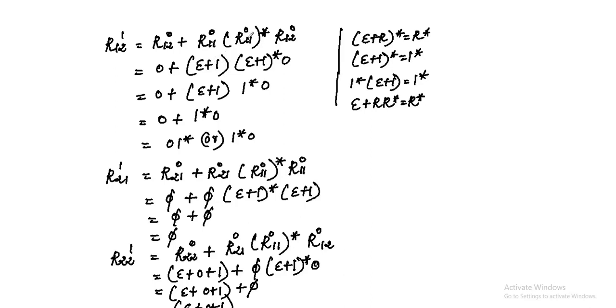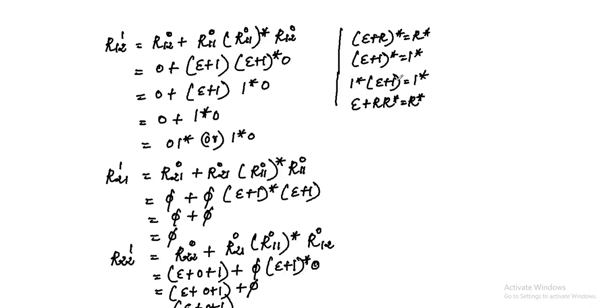Next, R11 raised to the power 0 whole star, then R12 raised to the power 0, which we already wrote here. So 0 plus epsilon plus 1, epsilon plus 1 star. We can easily write this using the identity rule epsilon plus r star equals r star. So here you write 1 star 0, then 1 star epsilon plus 1.